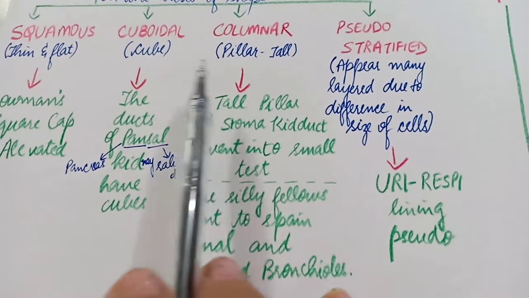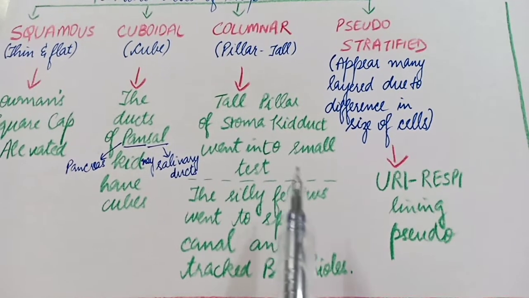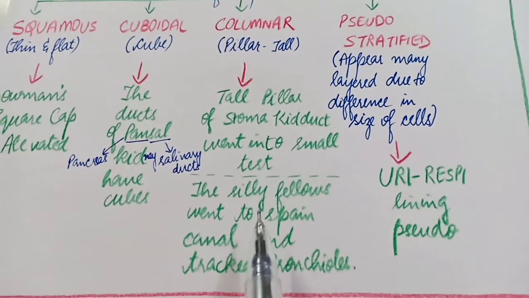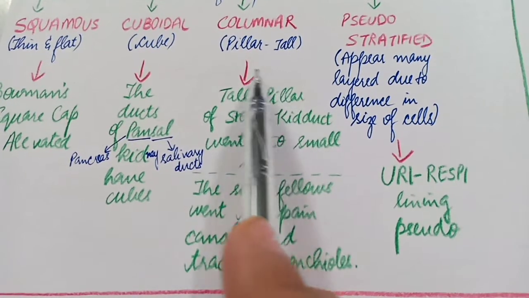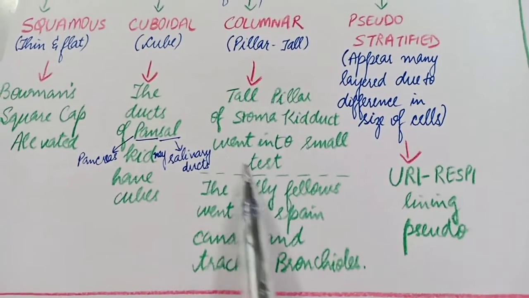Now in columnar simple epithelial, we know there is one more type, because some cells are ciliated, that means they have hair-like structures present on them, and some are non-ciliated. So those which we discussed, stomach, kidney duct and small intestine, are non-ciliated ones.